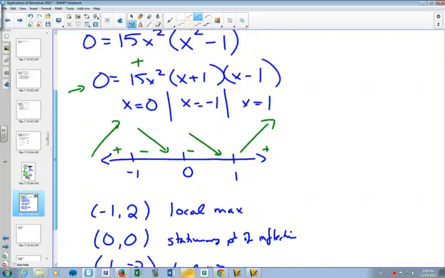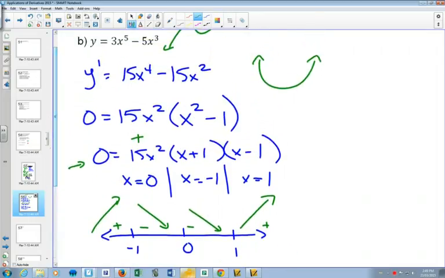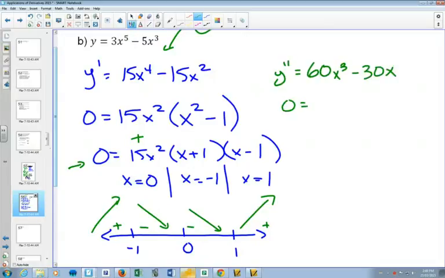Now we'll scroll back up to our second derivative right beside it. So we get 60x cubed minus 30x. Set it equal to 0. We can take out a 30x, leaving us with 2x squared minus 1.